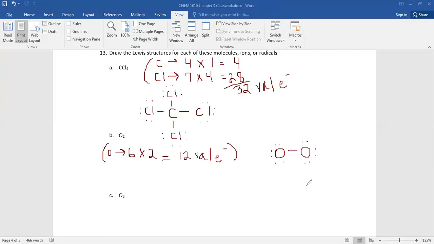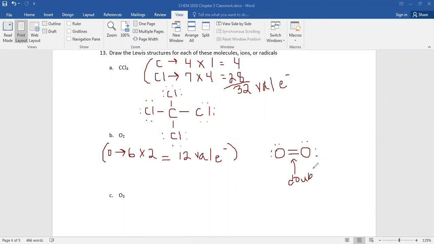We only need 12. Whenever you've put in too many electrons, you take away a pair of electrons from each of the atoms, and you replace those electrons you took away with another bond between those atoms. So now you've got a double bond between the oxygens.